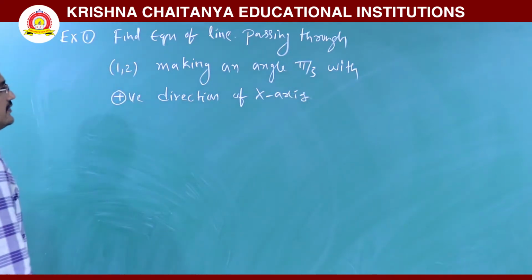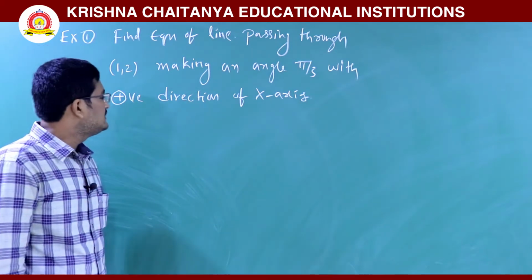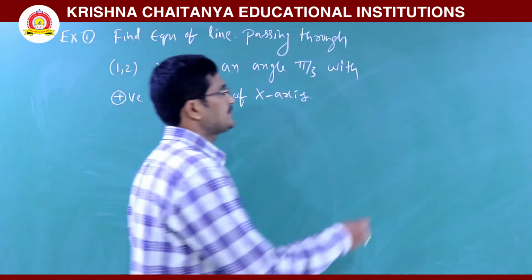So, we have to find the equation of the line passing through (1, 2), making an angle pi by 3 with the positive direction of x axis.